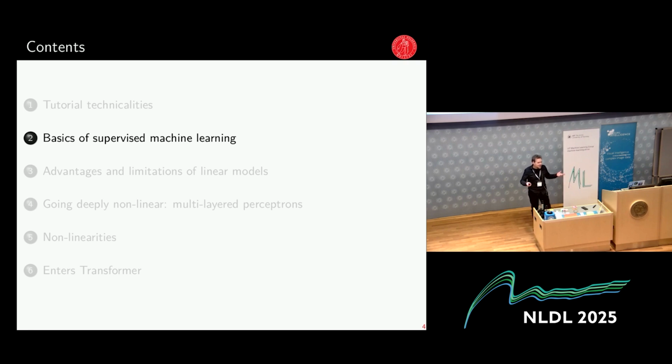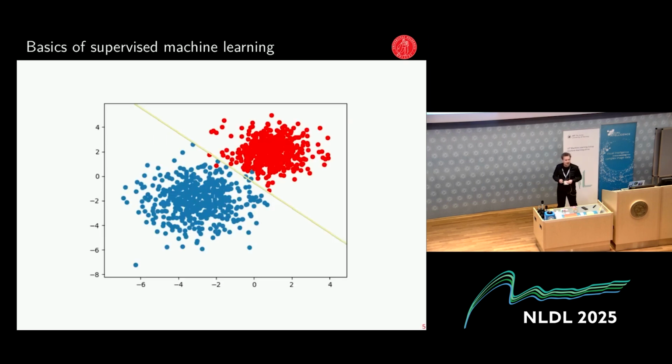All right, modern large language models are based on deep neural networks, on deep learning. And deep learning, in turn, is just a type of machine learning, of supervised machine learning. And supervised machine learning is basically just finding models which allow us to find ways to make predictions.